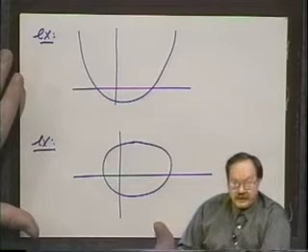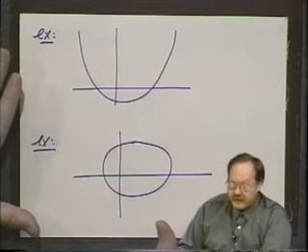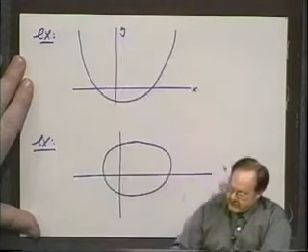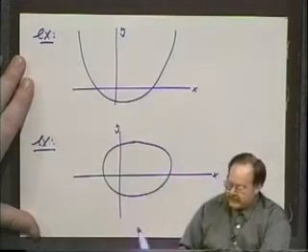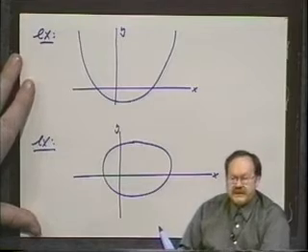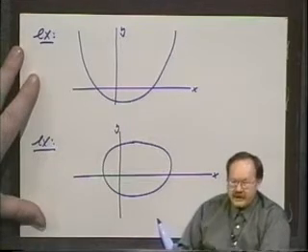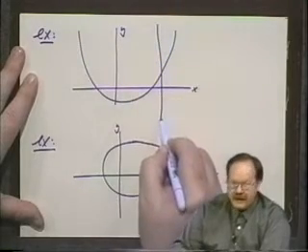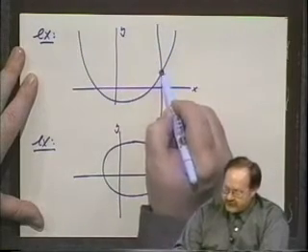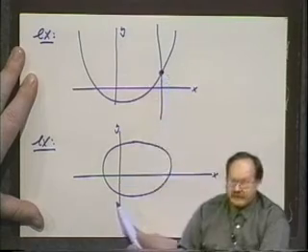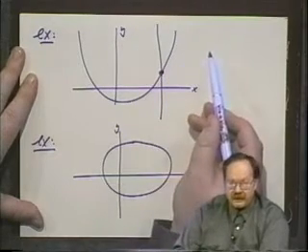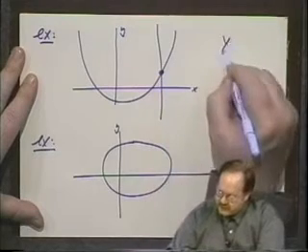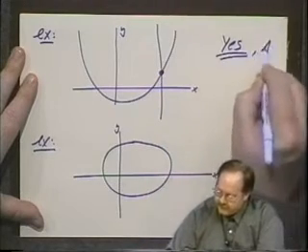Well, based on only what you see, not knowing what the function is, based only on the fact that this is the x and y axes in each case, and these are the pictures, which of these is a function? Well, you can see from the first one that if I were to draw any vertical line anywhere, it's only going to strike once. Possibly not at all if I go out far enough to one side or the other. But if it does strike, it only strikes once. So this is, yes, a function.